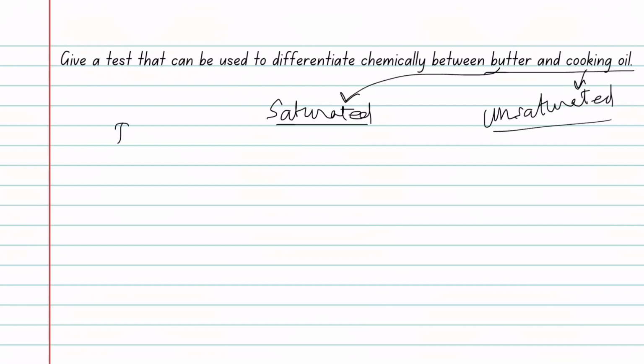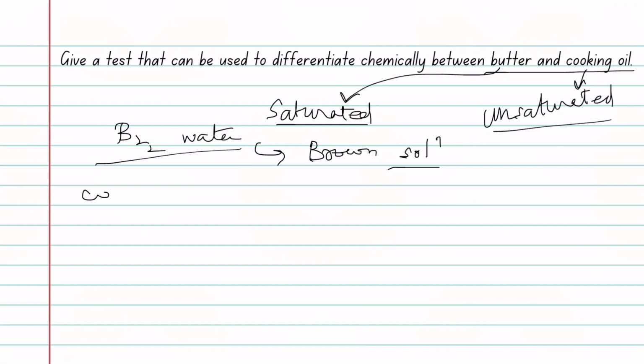We call it the bromine water test. Now, bromine water is a brown colored solution. If you have an unsaturated compound, we know that unsaturated compounds undergo addition reactions and saturated compounds do not undergo addition reactions.